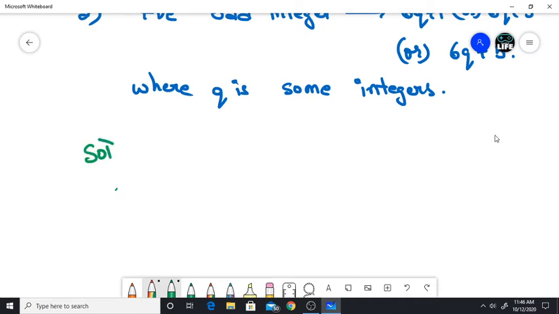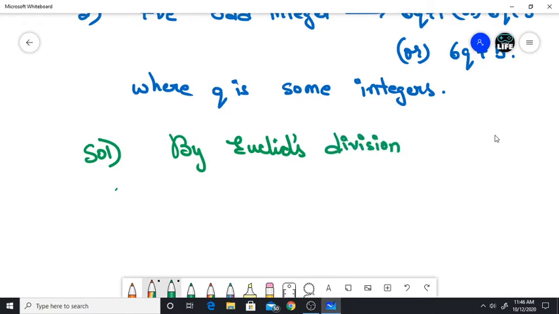Solution for second sum. By Euclid's division lemma. What is Euclid's division lemma? A equals to bq plus r, where 0 less than or equals to r less than b.